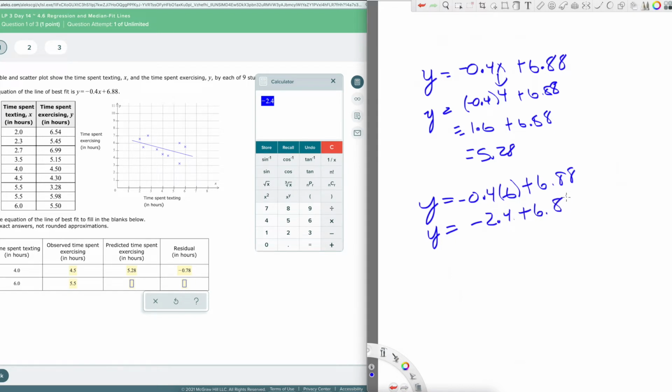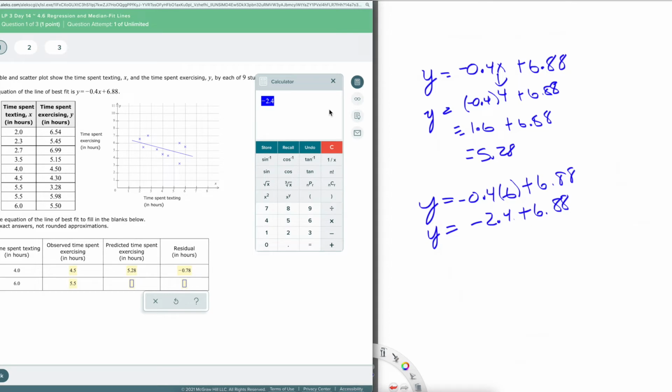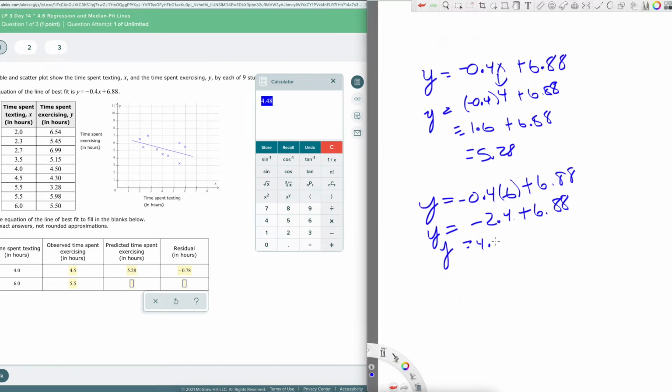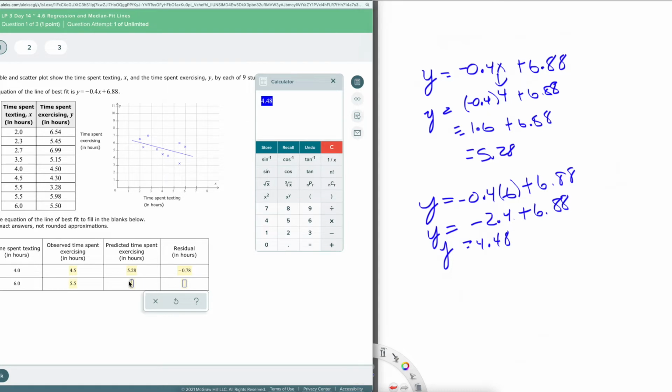Plus 6.88. Why is it not working? All right, so y equals 4.48. So 4.48. So they exercised more than we thought they would. Right? We only thought they'd go about 4.5 hours. They went 5.5 hours.